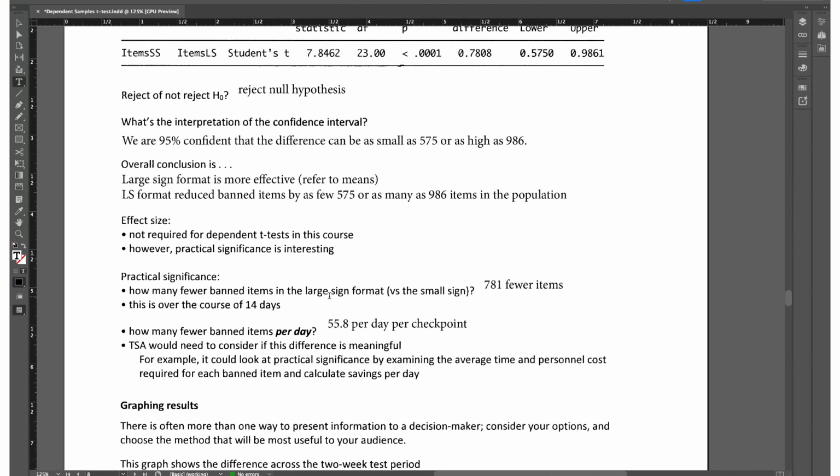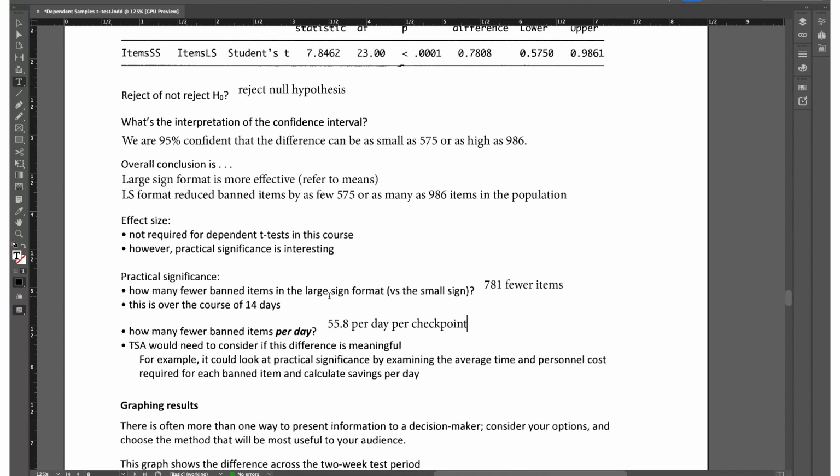Yeah, we'll see, right? So that's up to them. And one way for them to look at the practical significance would be to examine the average time and personnel cost required for each banned item and then calculate the savings per day. So perhaps that could be one metric for measuring its significance.